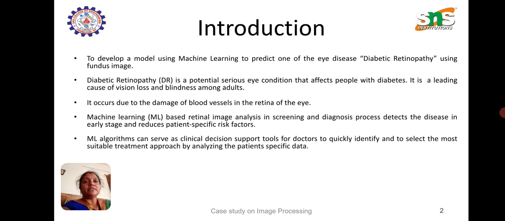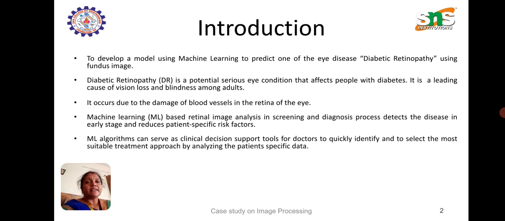Diabetic retinopathy is a potentially serious eye condition that results from long-term diabetes, which causes damage to the blood vessels in the retina, and it leads to severe visual impairment and even blindness. So it occurs due to the damage of blood vessels in the retina of the eye.